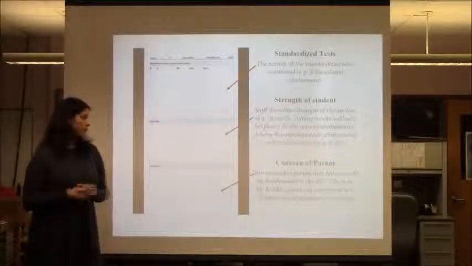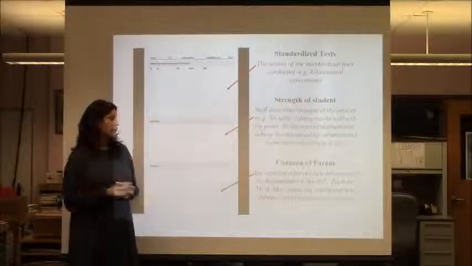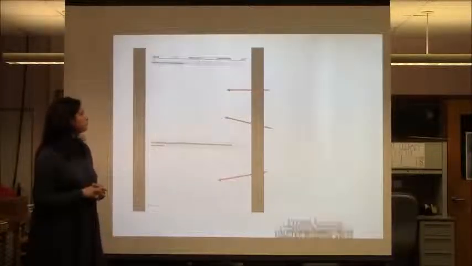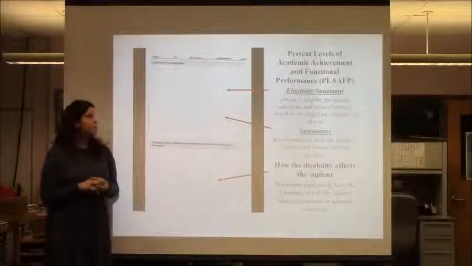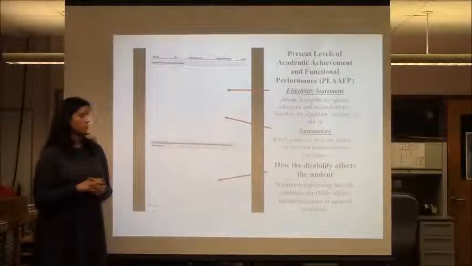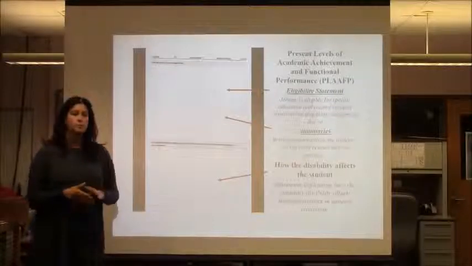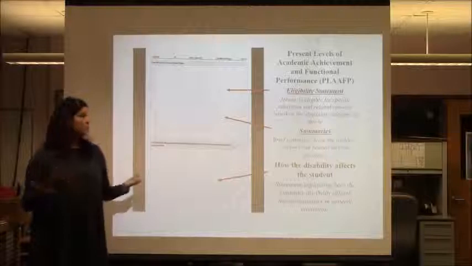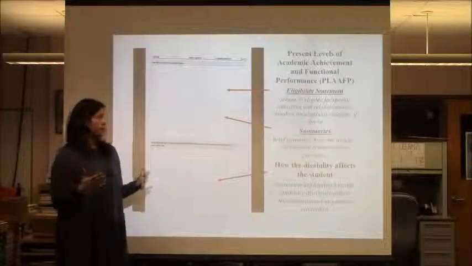So an example of that would be Mr. and Mrs. Jones are concerned with Johnny's slow progress in reading. That would be a potential concern of the parent. You want to have that documented. The next section on top is the present levels of academic achievement and functional performance. This section is completed by the therapist, by the general education teacher, the special education teacher, and it's basically, as it says, what their performance is at that point in time.